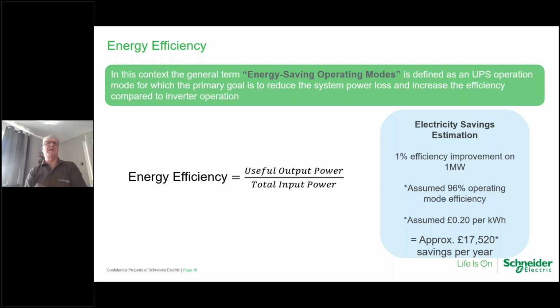So you could have a 100 kilowatt UPS operating at 96%, then you're going to have something like 105 kilowatts input required to provide your 100 kilowatts output.